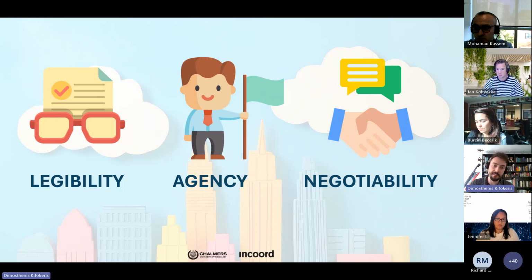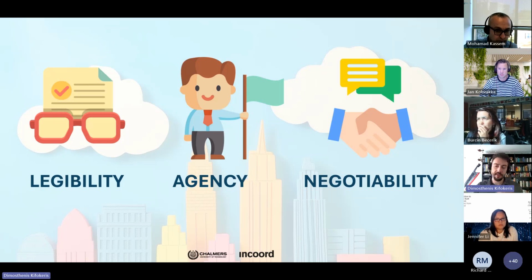So the three principles of legibility, agency, and negotiability, which are the pillars of HDI, Richard already talked about them. But now the thing is this: through the story we're going to tell you with Jan, through our journey, you will see, or at least we are letting you into this already, that for the part where LLMs and generative AI are used in the construction application we're going to talk to you about, we think the most prevalent of the three principles is negotiability.